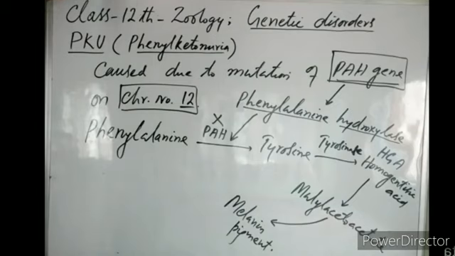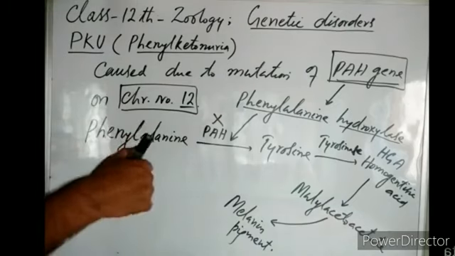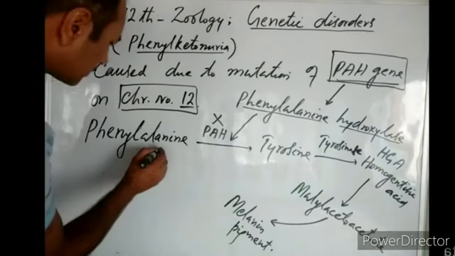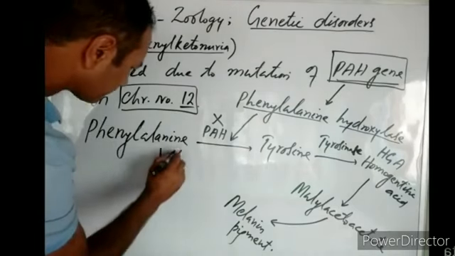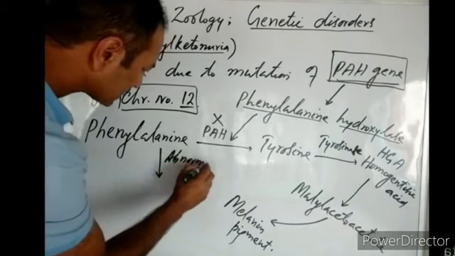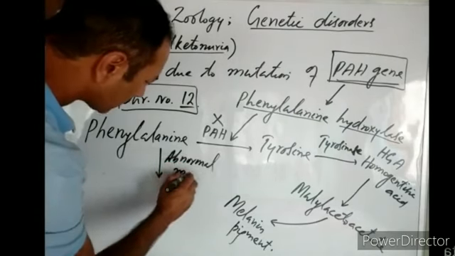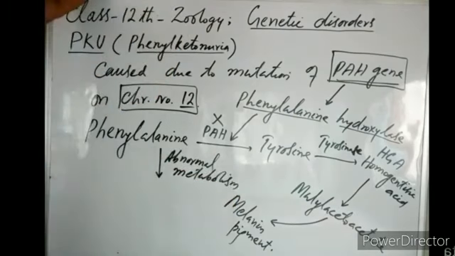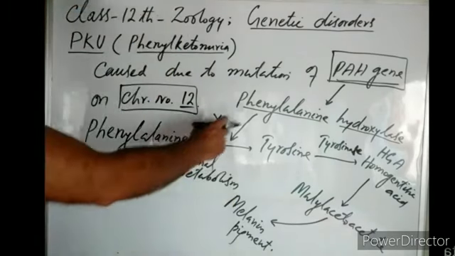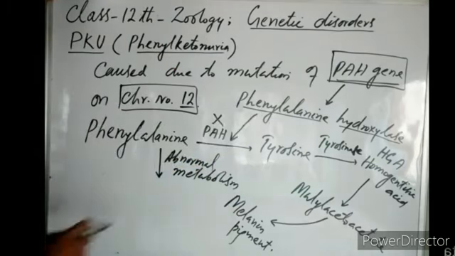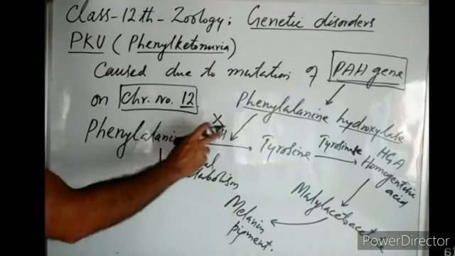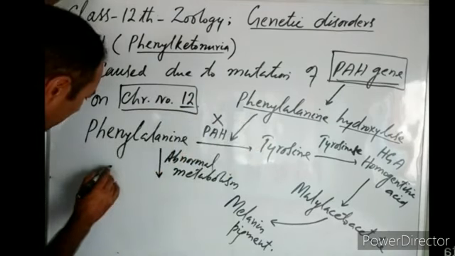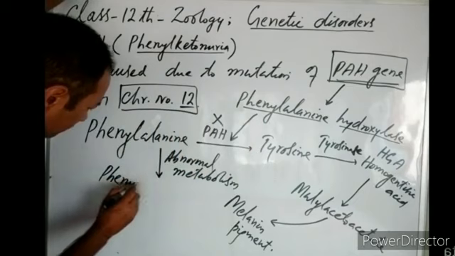What happens then? As phenylalanine is not converted into tyrosine, it accumulates in the body fluids and suffers abnormal metabolism. Due to lack of phenylalanine hydroxylase enzyme, instead it is converted into another substance known as phenylpyruvate.